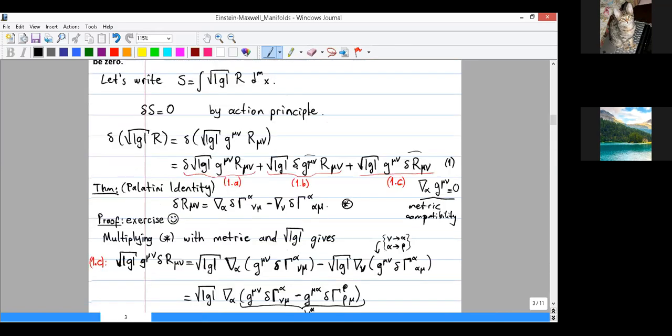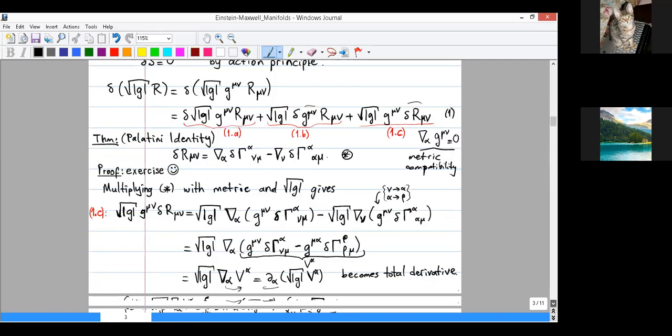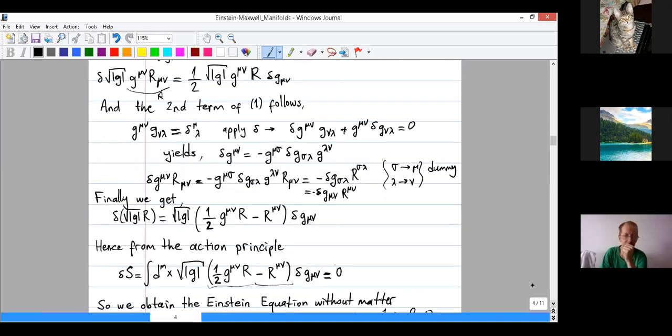So here we just need to obtain the variation of the inverse metric. In order to do that, let's remember that the inverse metric times the metric will give us the Kronecker delta, delta mu lambda. If we apply variation to both sides, since this is a constant, 1 or 0, the variation of it is 0.